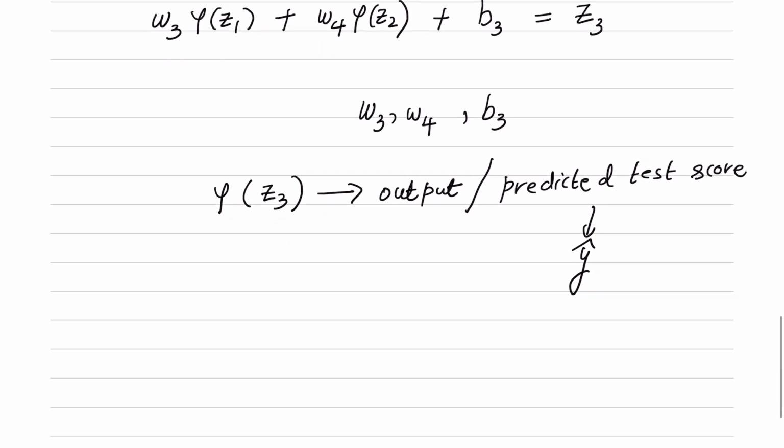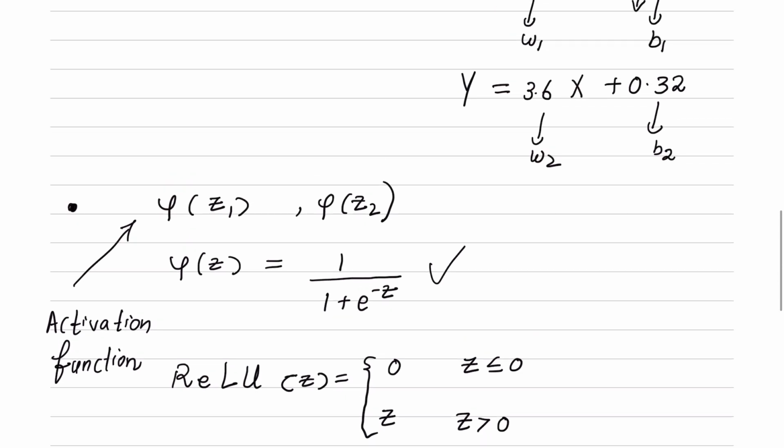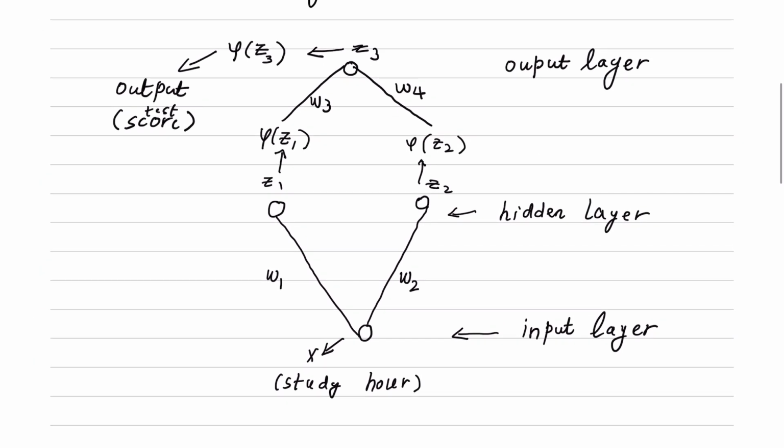So when neural network learning is being conducted, mainly we are trying to find the parameters, weights W1, W2, W3, W4, and the biases B1, B2, and B3. That is, we go from the input layer to the hidden layer to the output layer.